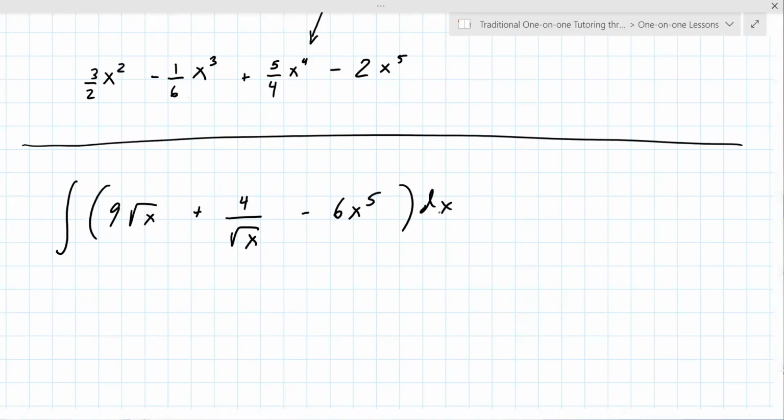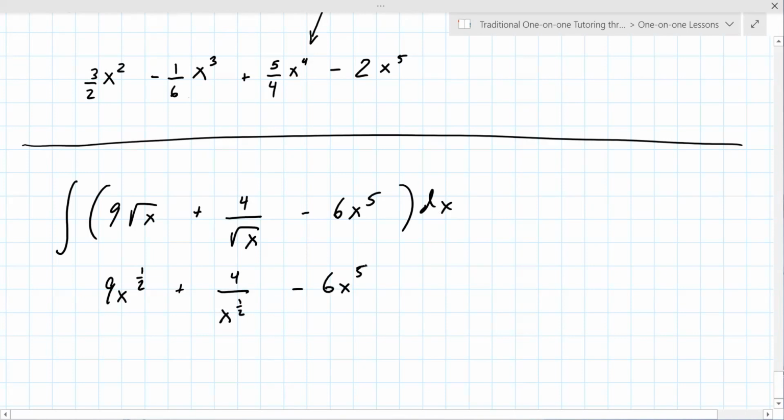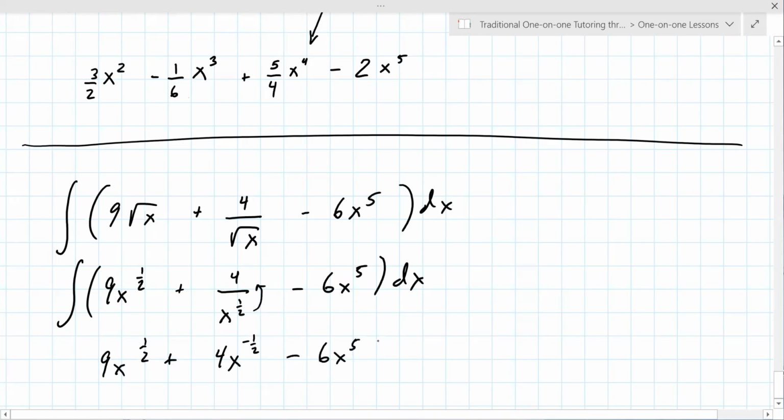So that is 9x to the 1/2 plus 4 over x to the 1/2 minus 6x to the 5th. The middle one I would further rewrite to bring that up: 4x to the negative 1/2, minus 6x to the 5th.